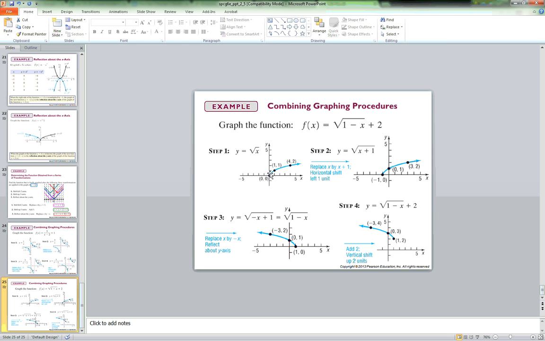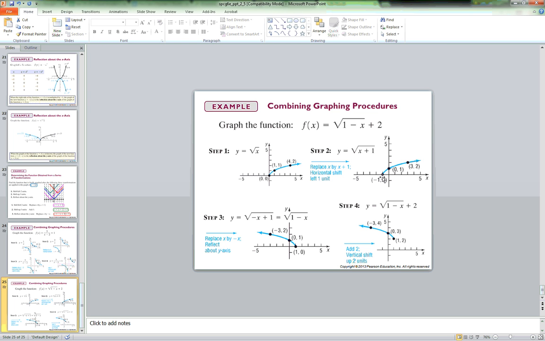And then because this is a positive 1 underneath the radical, we are going to shift it left 1 unit. So if this was a -1, we would shift it right 1 unit because it's positive. So we're going to table the minus x for just a moment. Because this is positive, we're going to shift it left 1 unit.